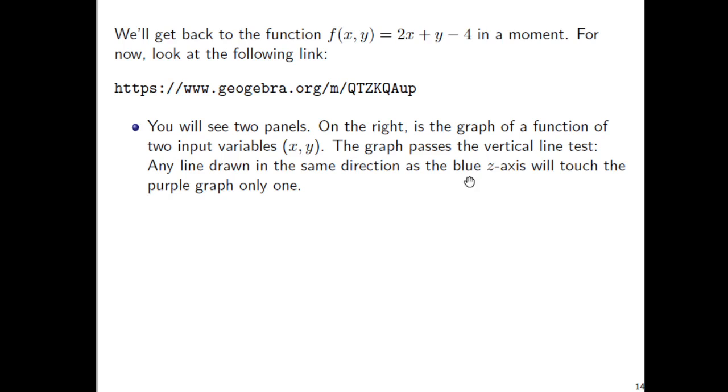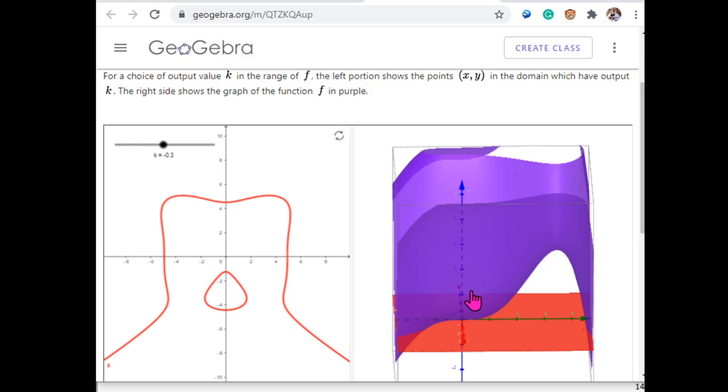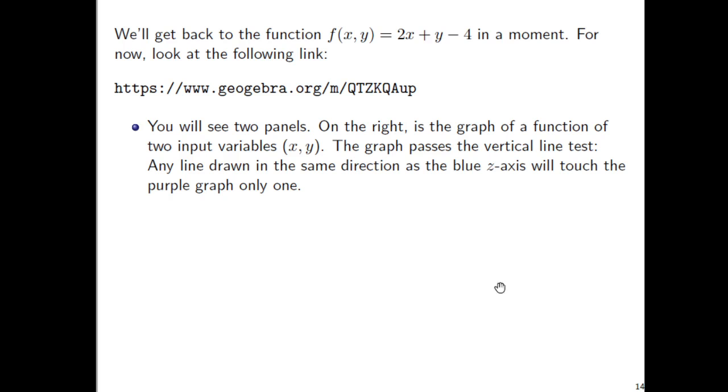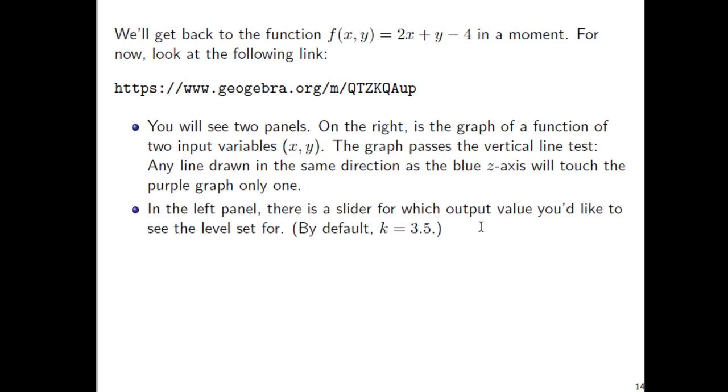Okay, so just for the sake of going through the slides, the slide here is trying to describe all of what we already saw, but this is just for the benefit of those who are not going through the video. But you will see two panels, right? So on the right is a graph of the function. The graph should pass the vertical line test. That is, any line drawn in the same direction as the blue z-axis should end up only going through the purple graph once.